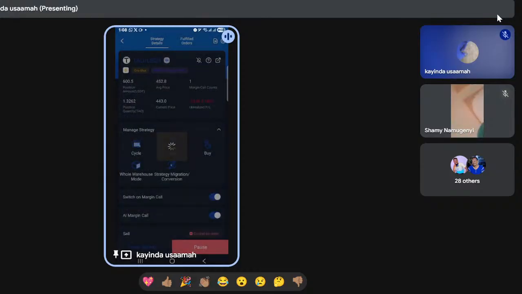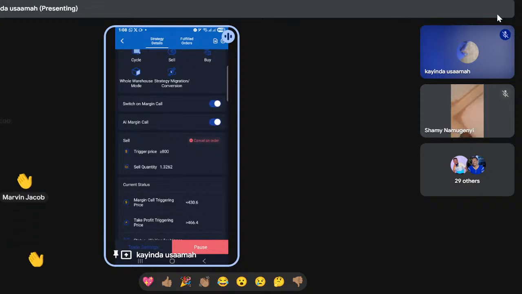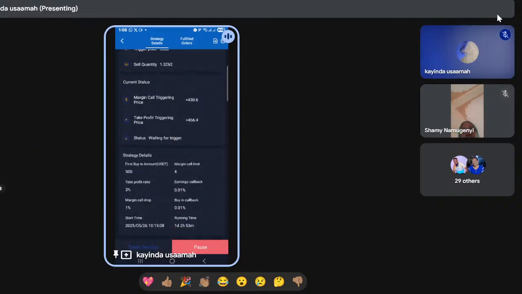Then I confirm. The moment I confirm, this becomes an order from above. This order is going to bypass every previous order in the trade settings. Are we learning? Look here in the trade settings. I had told my robot, please, I want you to sell this coin when it goes to 3%, at only $466.